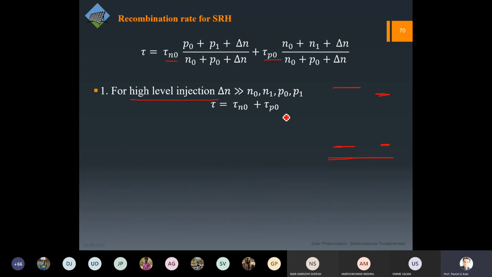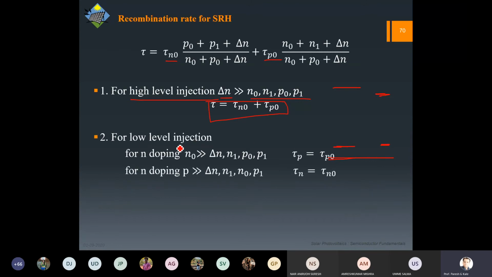At that time, you can easily understand that delta n would be too high compared to any of the concentrations, so this formula will reduce simply to the addition of the two. Now, when it is low level injection, things will change. It depends on what the injection is, because now these two are comparable, and we are more worried about the minority levels.